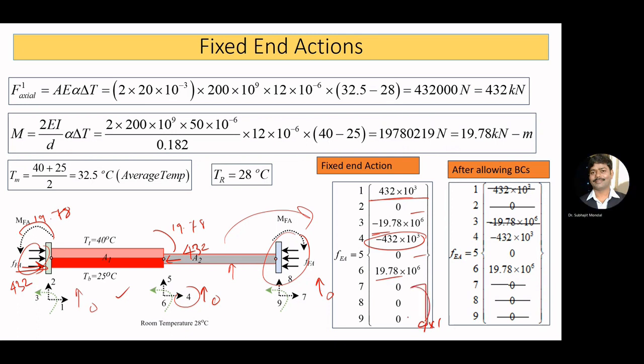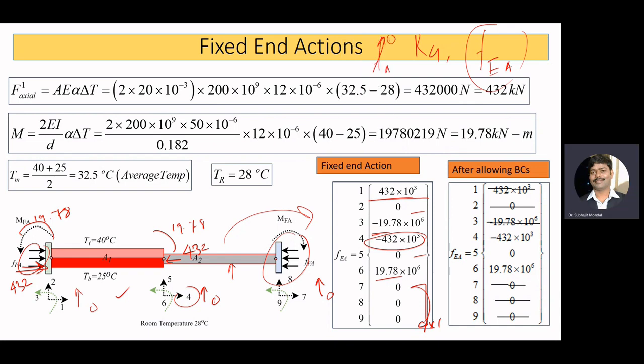So now what we did, we obtained the stiffness matrix Kg and the force vector. The force vector is basically the equivalent nodal forces or fixed end action forces. All active forces are 0.